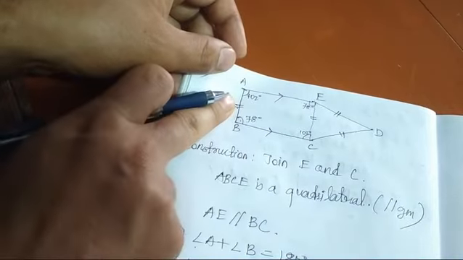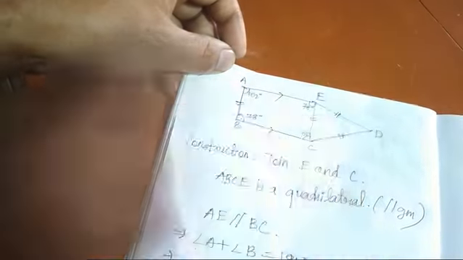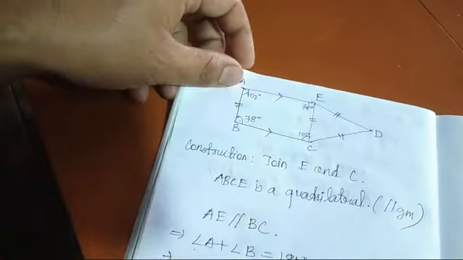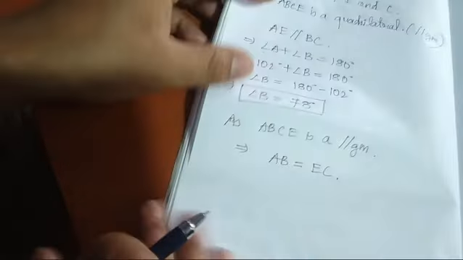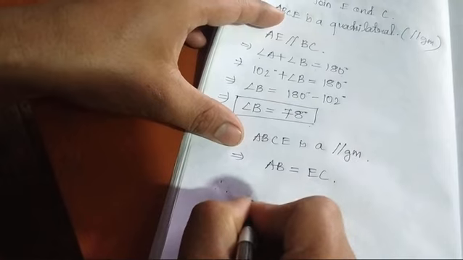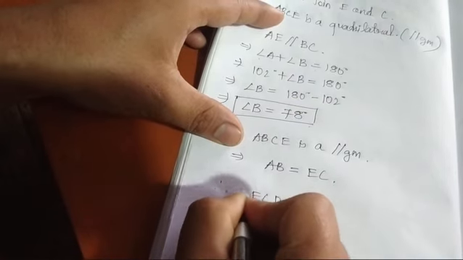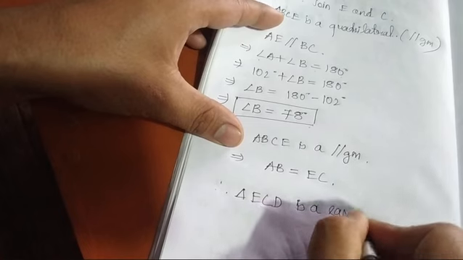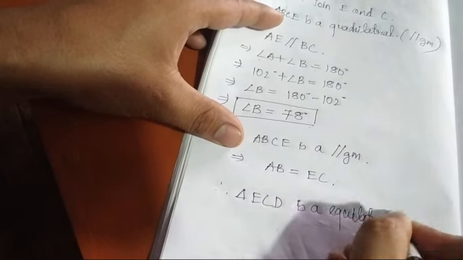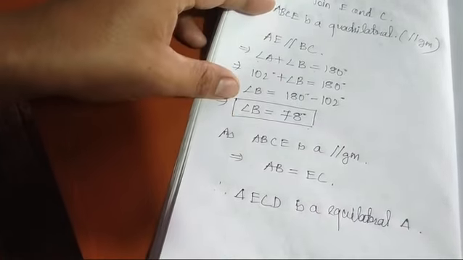And I know that AB is equal to CD is equal to ED, and also AB equals EC. So therefore CED is an equilateral triangle. So triangle ECD is an equilateral triangle.